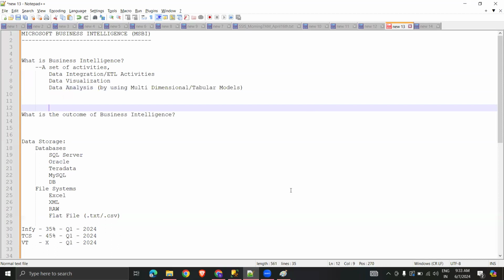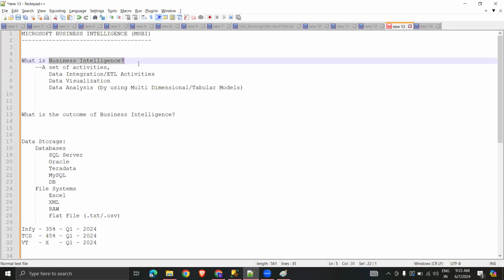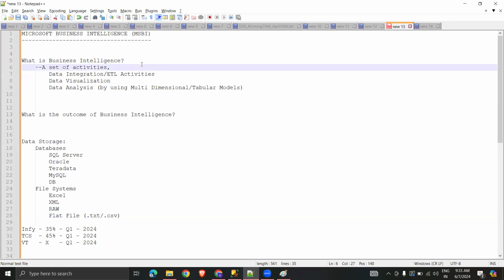Combinedly, we can say business intelligence. So these three are the common activities applicable to any business intelligence tool. If someone asks what business intelligence means, it is a set of activities. What kind of activities are involved in any BI?